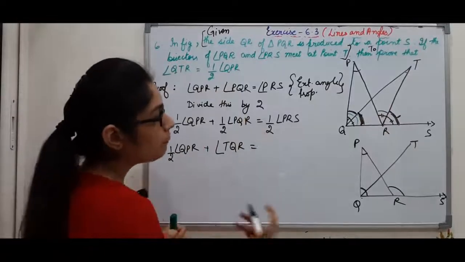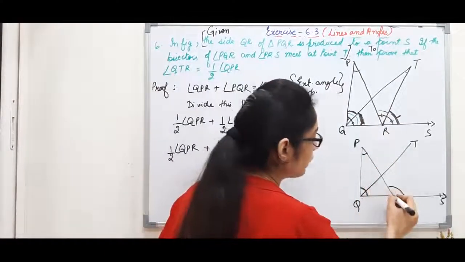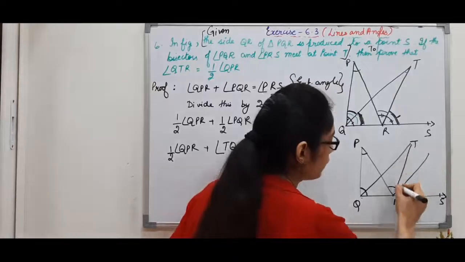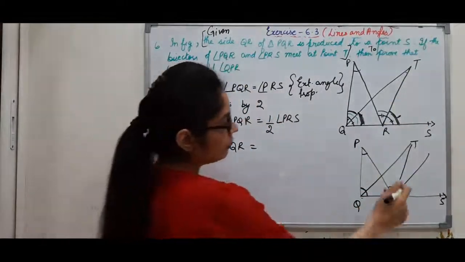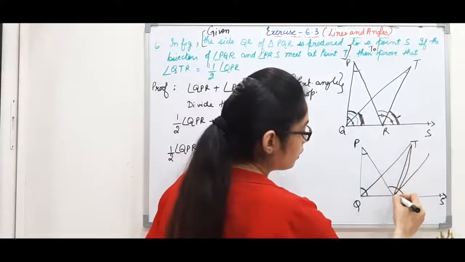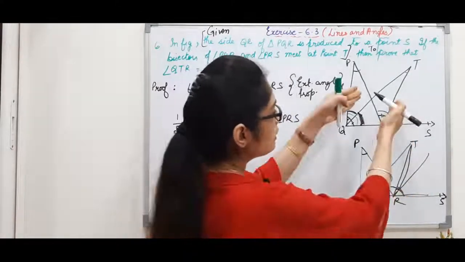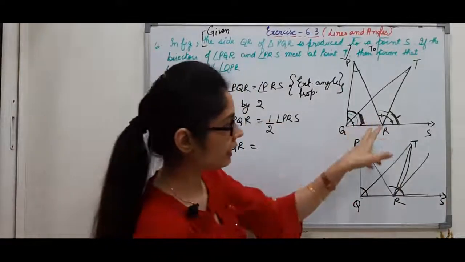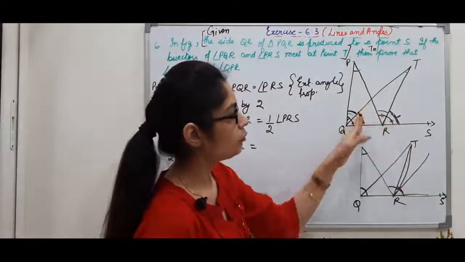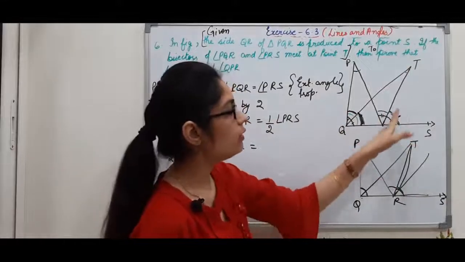And half of angle PRS: RT is the bisector of this angle. So again we will use this one, because we are going to use this angle in the next step. For this triangle this is the exterior angle.